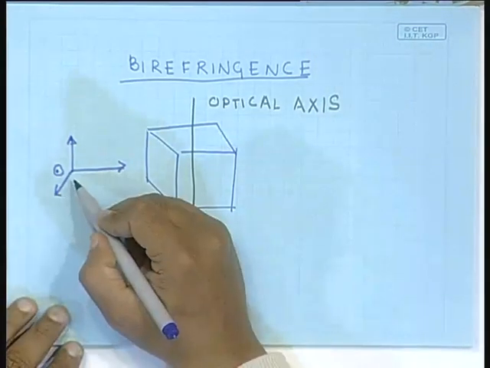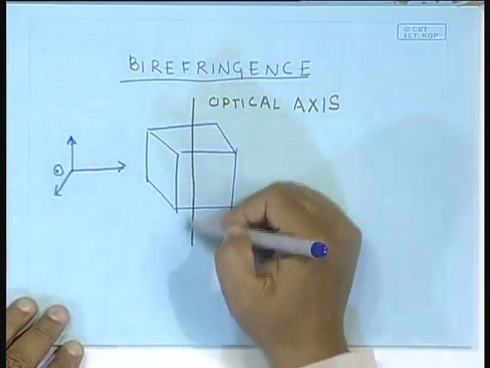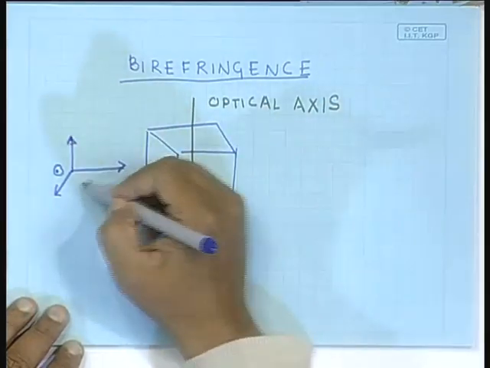So, this is the component of the electric field which is perpendicular to the optical axis, and this is the component parallel to the optical axis.